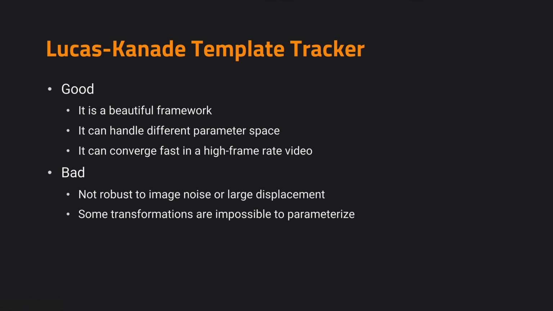There are also some drawbacks. It may not be robust to image noise. It assumes that we have a perfect model for the warping, and it may not be very robust to large displacement, where the optimization can get stuck in a local minimum. Another problem is the assumption of known warping parameters.